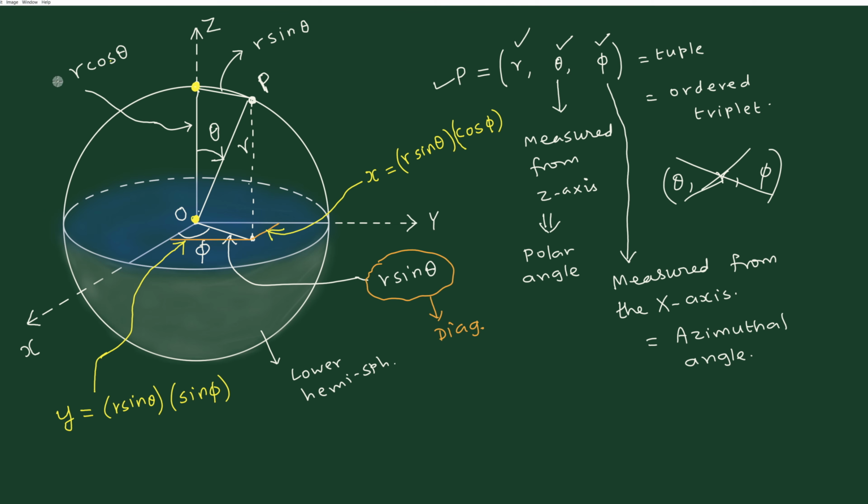But I'm asking whether it is the x direction, y direction, or z direction. You see that this particular length is along the z axis, and therefore this must be z equal to r cos theta.